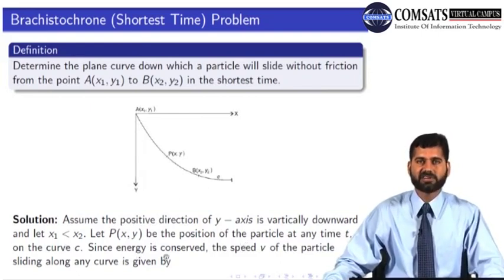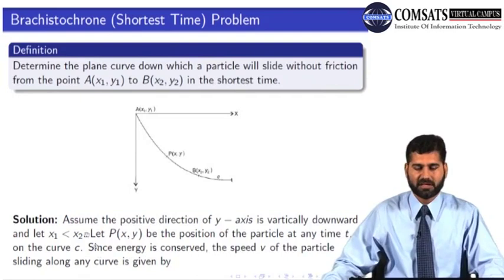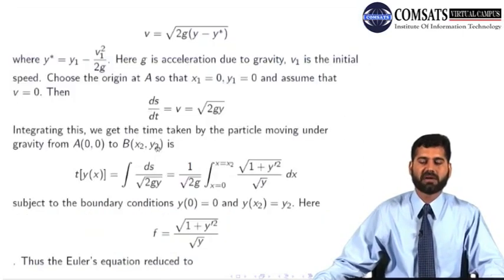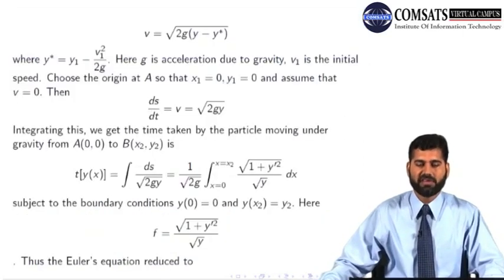Since energy is conserved, the speed v of the particle sliding along any curve is given by, if you are sliding down any curve, then the velocity v of the particle is given by this. v is equal to the square root of 2g(y minus y star), where y star is y1 minus v1 square by 2g.